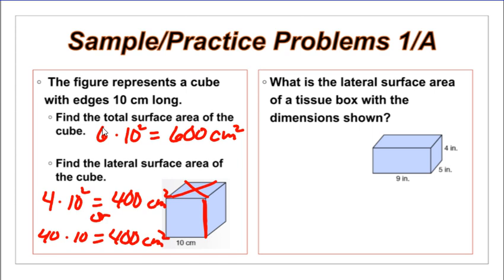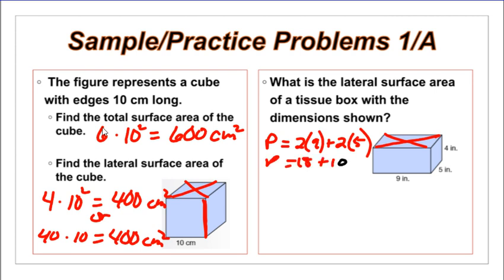Next one, what is the lateral surface area of a tissue box with the dimensions shown? Again, for lateral surface area, we do not want the top or the bottom. So let's find the perimeter of the base. The perimeter of the base is 2 groups of 9 plus 2 groups of 5. So this is 18 plus 10.